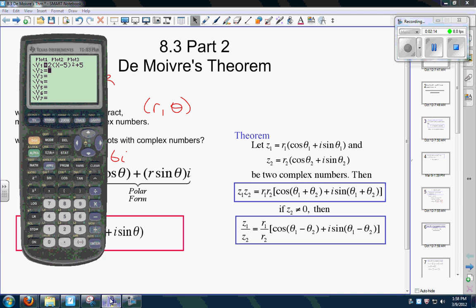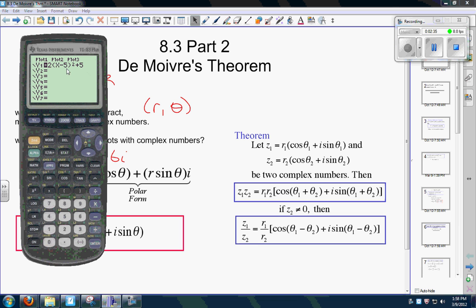I made up a quadratic here, 2x minus 5 quantity squared plus 5. If I graph it, okay, I made it that way on purpose so it never hits the x-axis. This one's got complex roots. So it doesn't have an answer of x equals 2 and x equals -5. It's got some answers with i's.